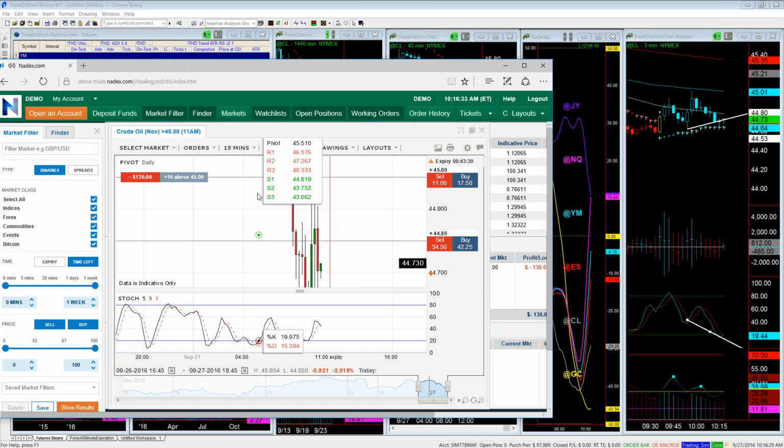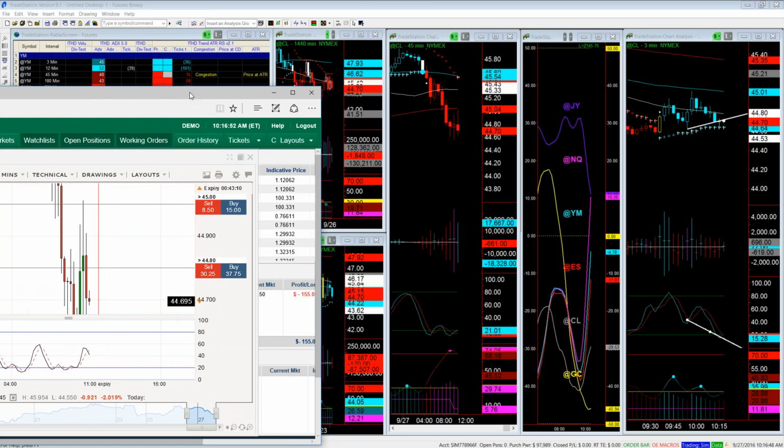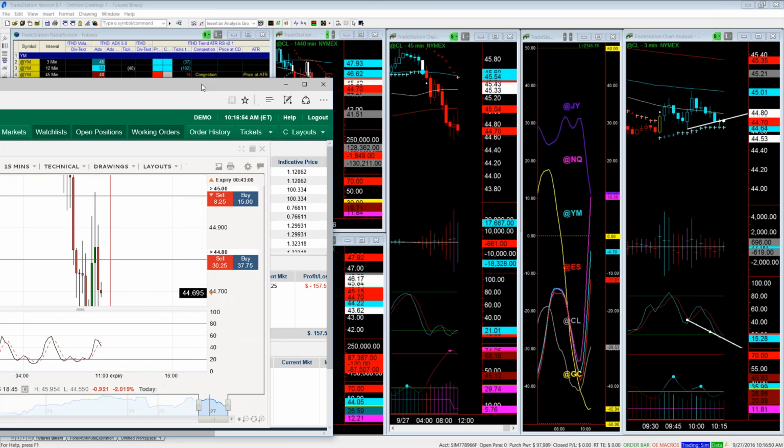We got 45 minutes left, so this bar needs to really start working in our direction. And I don't think it's going to work in our direction, actually.